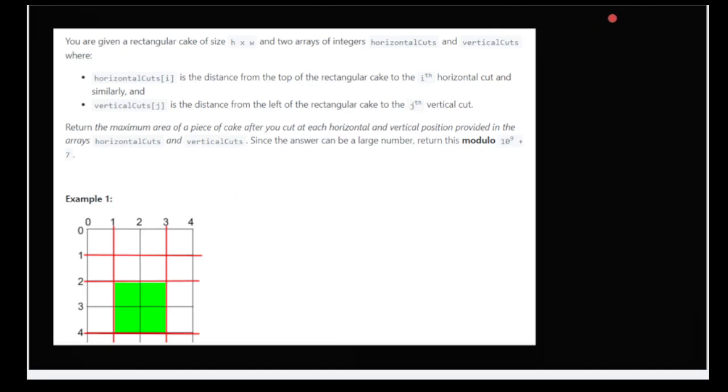Okay, now let's see this question with the two examples that were given. So let's consider the first one. First let's have one rectangle with us. Initially it's 5 by 4, height is 5 and width is 4.